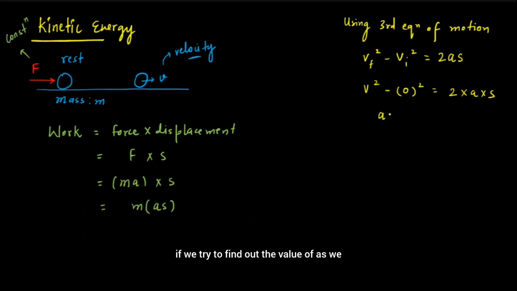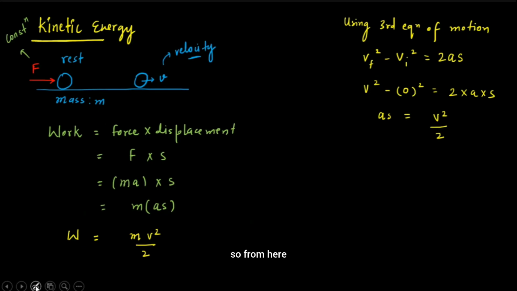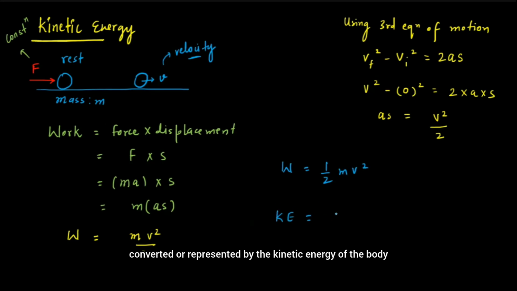From here, if we try to find the value of a s, we have v square over 2. We simply substitute the value of a s here, so we have work done as half m v square. This work done is converted into, or represented by, the kinetic energy of the body, which can be written as half m v square.